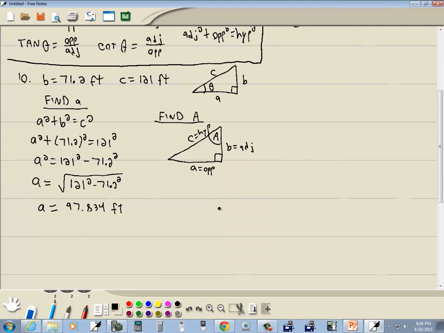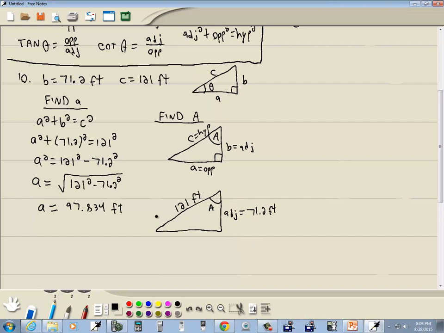Okay, now let's plug in the values they give us and see what we got. This is what we're trying to find. And they tell us B, which is our adjacent side. So they're telling us adjacent is 71.2 feet. And they're telling us C, which is our hypotenuse. So this is going to be 121 feet.